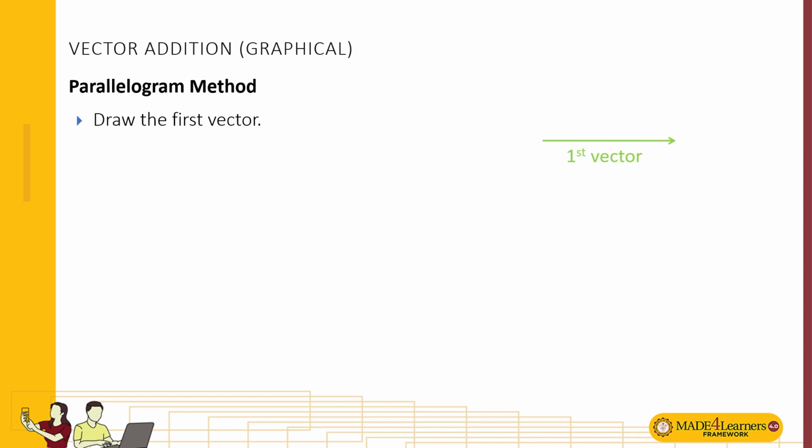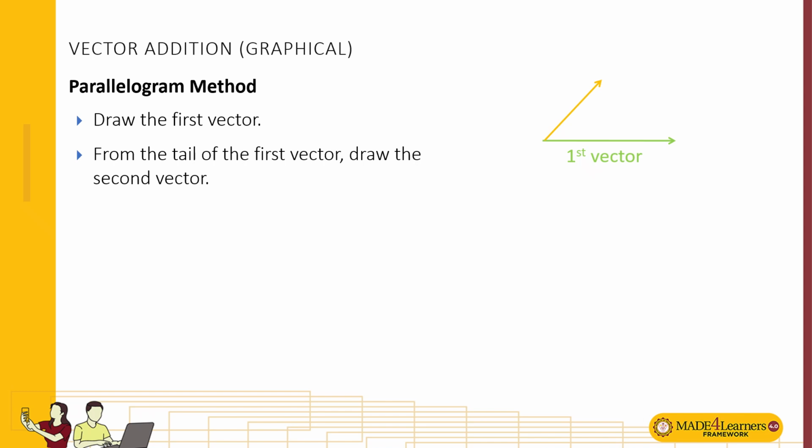And then for the second vector, we draw another arrow. The tail of the second vector should be drawn from the tail of the first vector. So for example, let's say this is an 8 newton force. You need to draw an arrow that is shorter than the green arrow because it has a lesser magnitude. It's 8 newtons, less than 10 newtons.